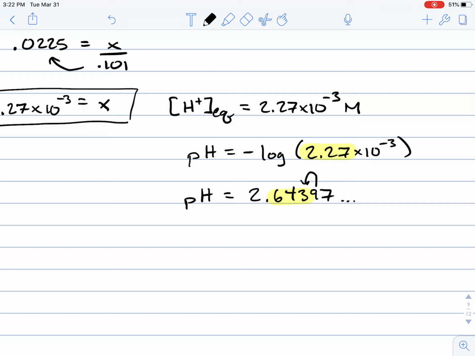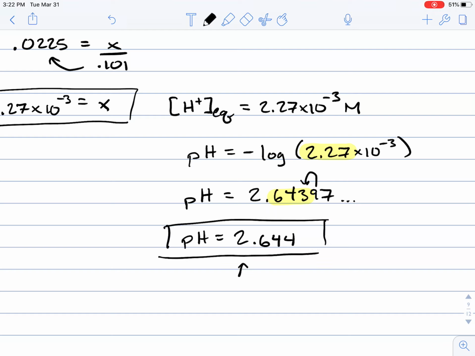This 9 is going to round that 3 up, giving us 2.644 as our pH. The value for our pH is less than 7, so this solution is going to be acidic.